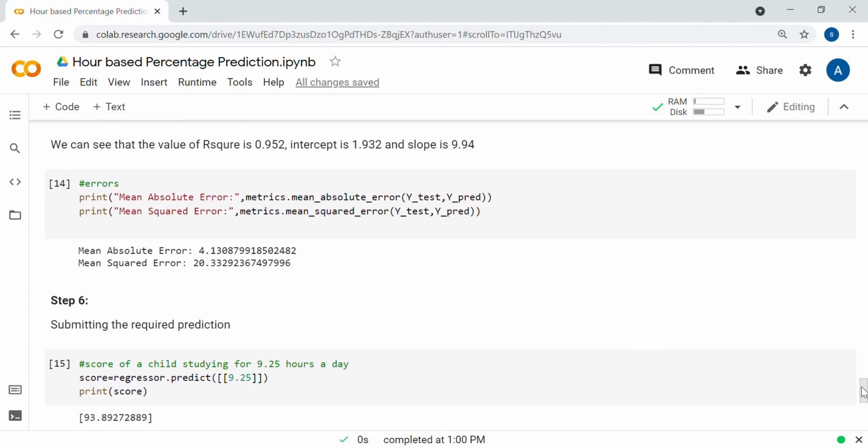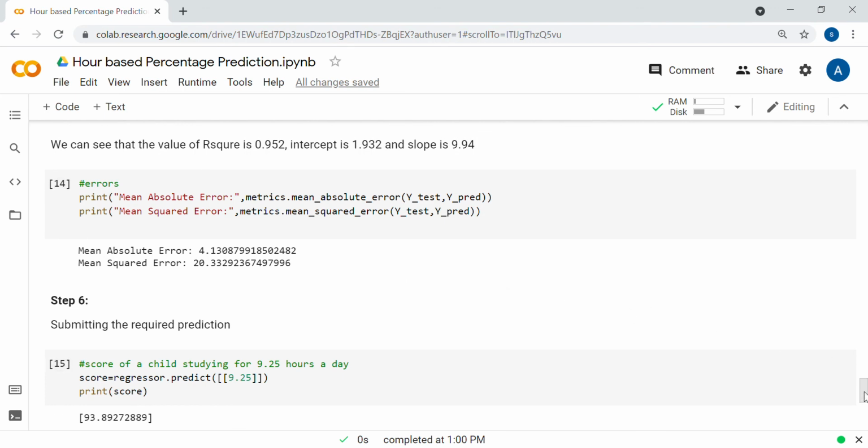Then to measure our model, we use the mean absolute error and mean squared error. As for a linear regression model, calculating the errors is a good metric to measure a model. So we see that the absolute error is 4.13 and the squared error is 20.33.